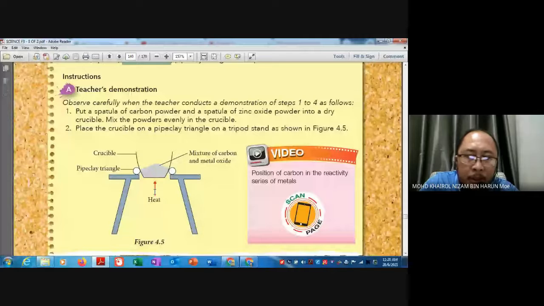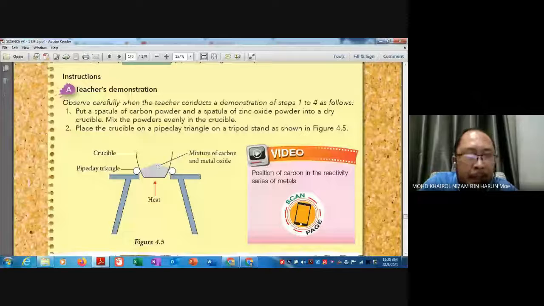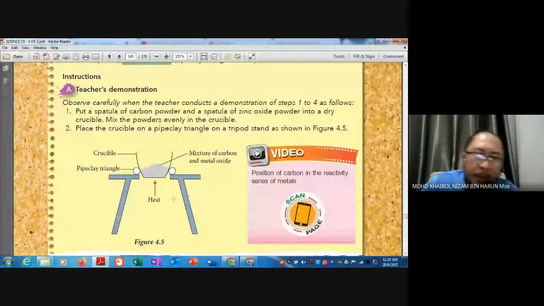By heating the crucible, we can make the mixture of carbon and metal oxide react faster, because at a high temperature, chemical substances can react quickly, compared to if we do not do the heating process.